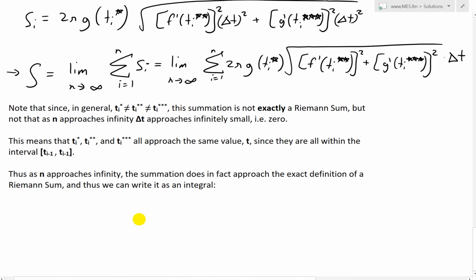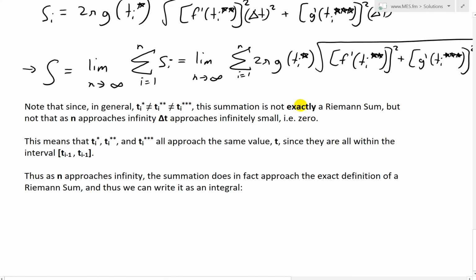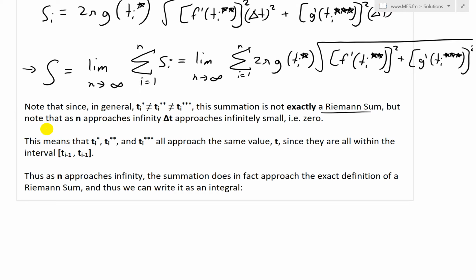So it could be somewhere there, but it's all between these delta t's. So this summation is not exactly a Riemann sum because they are not necessarily equal. And recall my earlier videos on Riemann sums, that's when those are all equal. But note that as n, the number of segments, approaches infinity, then our delta t approaches an infinitely small value.